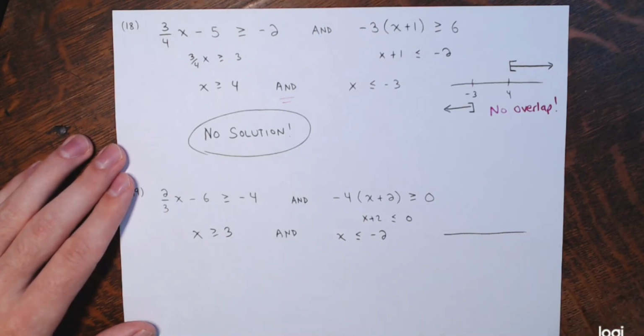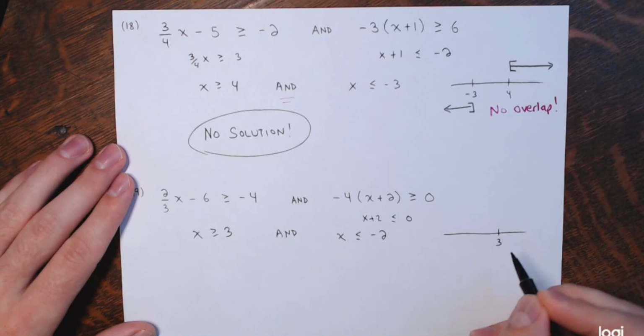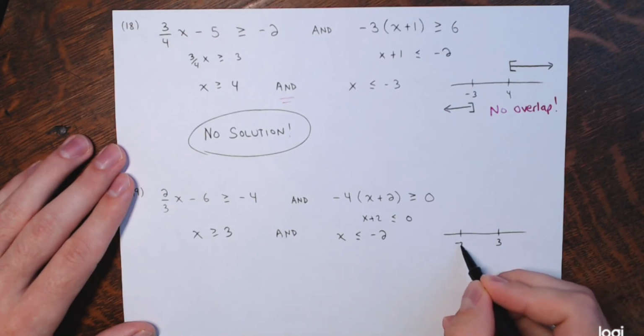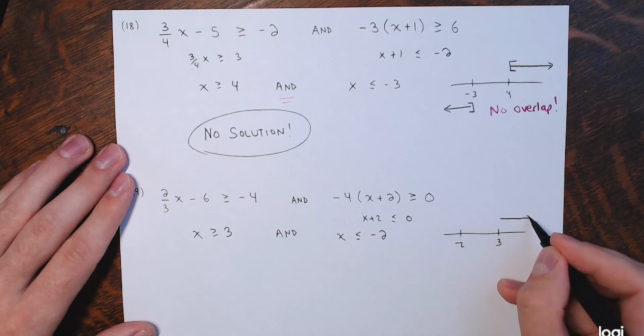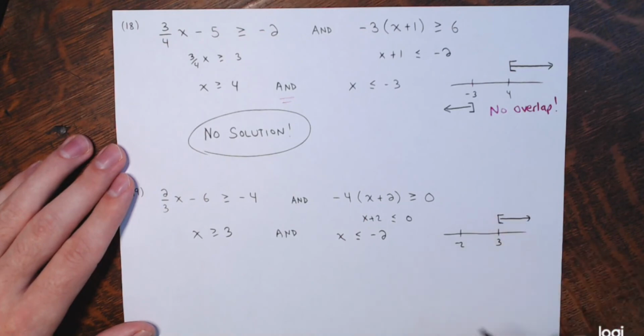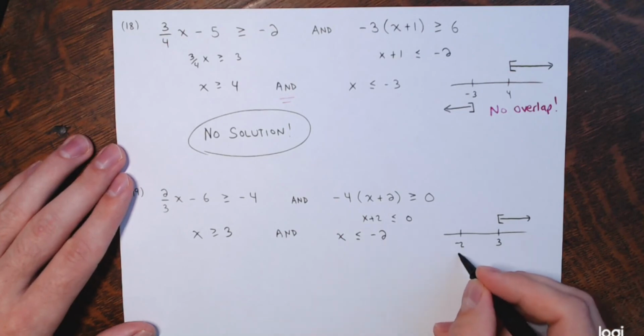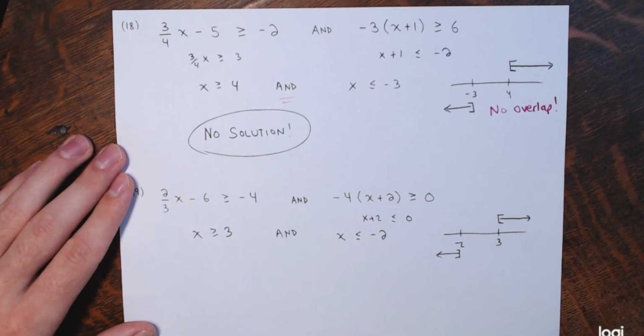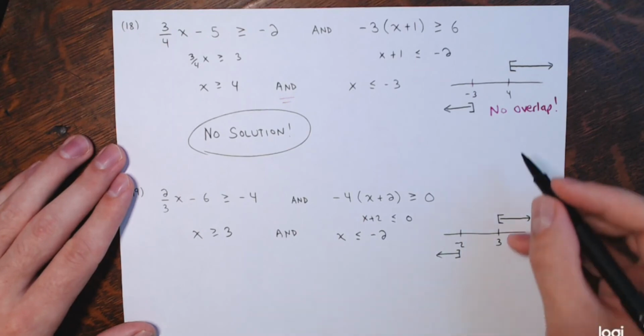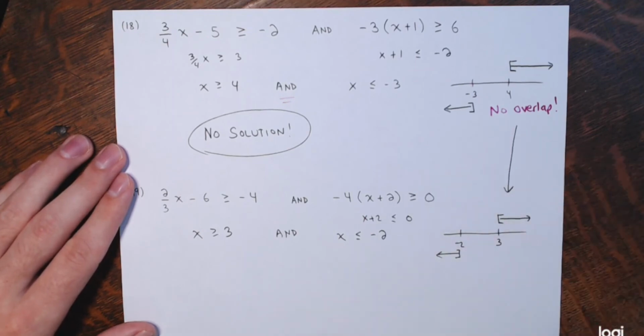Go off to the right here, I make a rough sketch. The numbers mentioned are positive 3 and negative 2. X is greater than or equal to 3 are these numbers. Put that on top. X is less than or equal to negative 2. Those are these numbers on the bottom here. And I'm looking for numbers in the overlap. Well, again, there's no overlap.